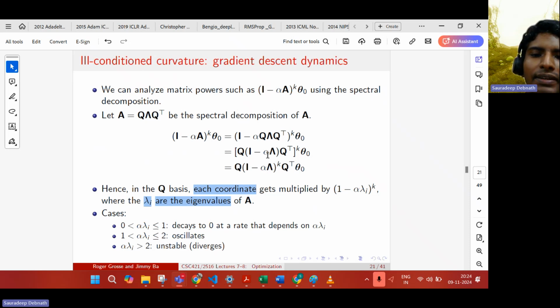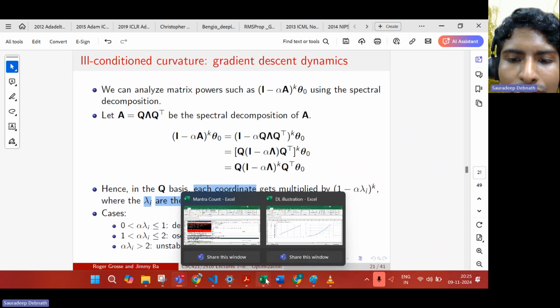Then it would be like minus 1 to the power k: if k is odd, it's minus 1, and if k is even, it's positive. So if it's a negative quantity, there would be oscillation. And if it's greater than 2 in magnitude, the signs are again reversing, but the magnitude keeps increasing and increasing.